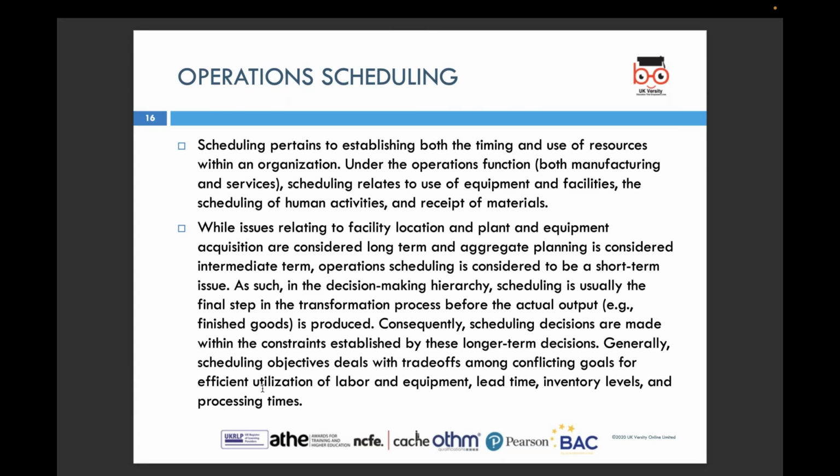Scheduling focuses on managing processing times effectively. This involves determining the sequence of activities and tasks, considering their dependencies and requirements. By streamlining the sequence and reducing idle time between tasks, scheduling can enhance the overall efficiency and productivity of operations.